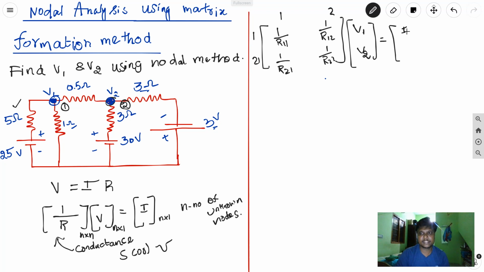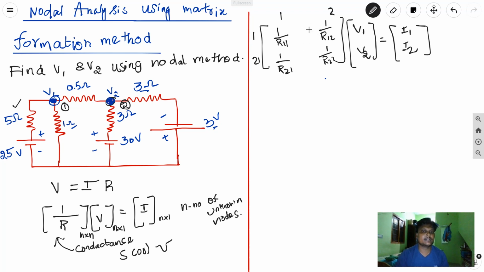If it is three nodes, we can also expand this by keeping the conductance matrix as 3 cross 3, the voltage matrix as 3 cross 1, and the current matrix as 3 cross 1, right? So for a three node problem, we need to write 1 by R11, 1 by R12, 1 by R13. And one another important thing here, you know already, we always take the off diagonal elements as negative.